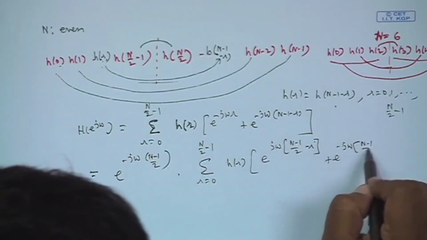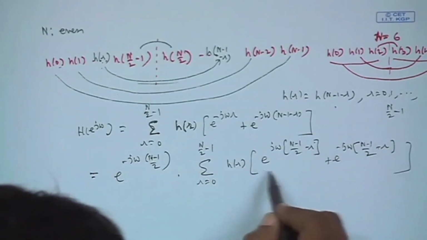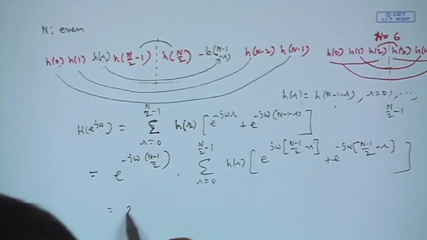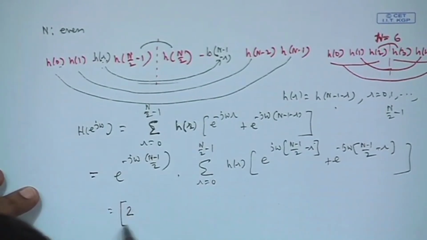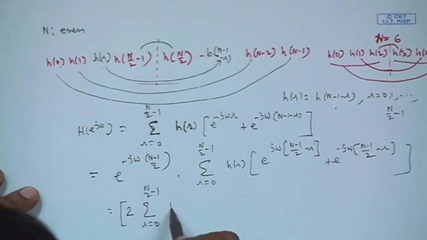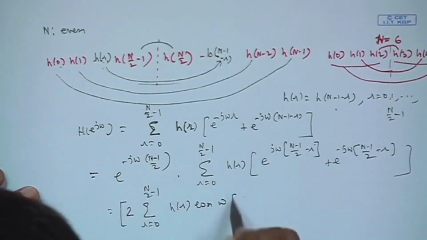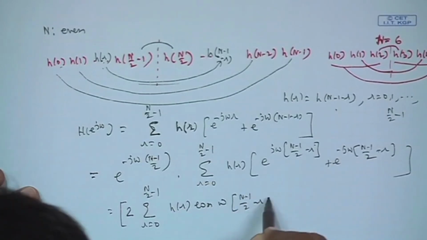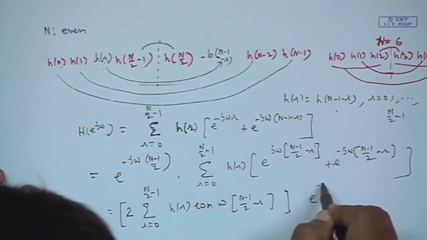So, we will be left with another n minus 1 by 2 minus r, as we did last time, and this is twice cos this. So, twice, I put this something in summation r equal to 0, H r cosine omega into this phase part.